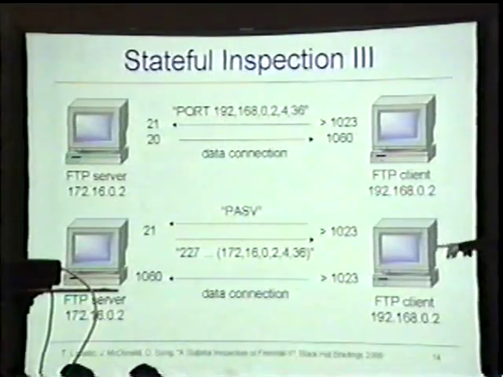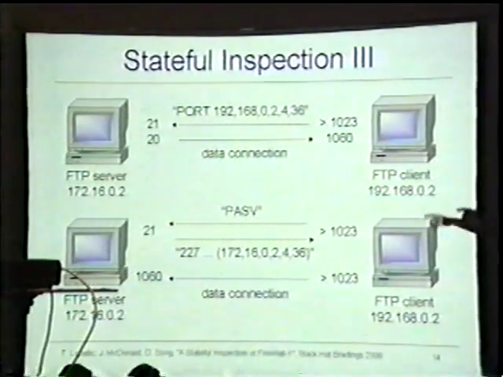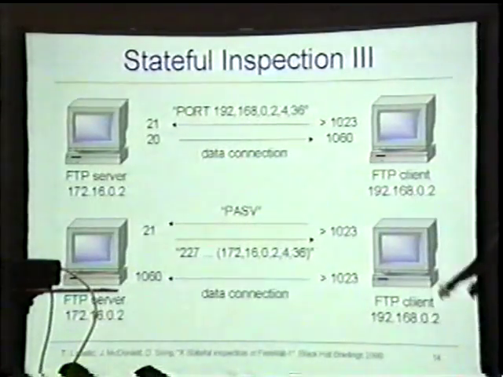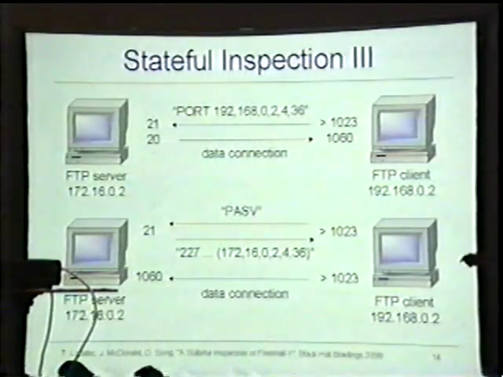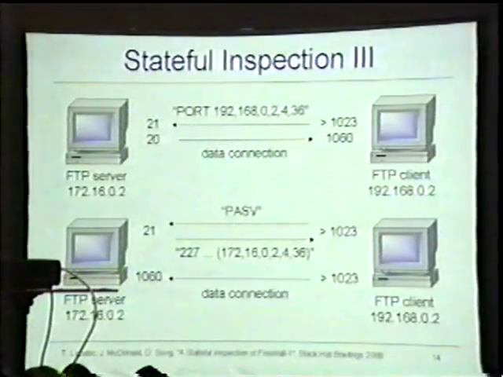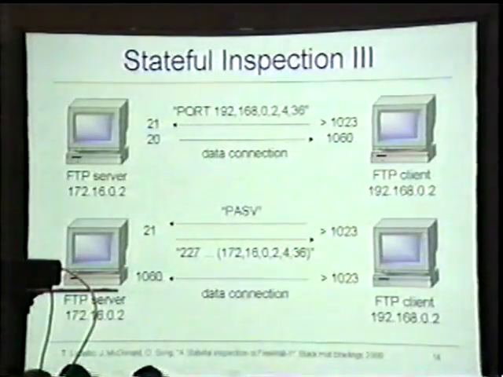And then as soon as it sees the connection from the client to the server, here the port is 4,36, which is 4 times 256 plus 36, which is 1060, and it will accept this data connection. So this is how stateful inspection works with the connection table and the pending table.